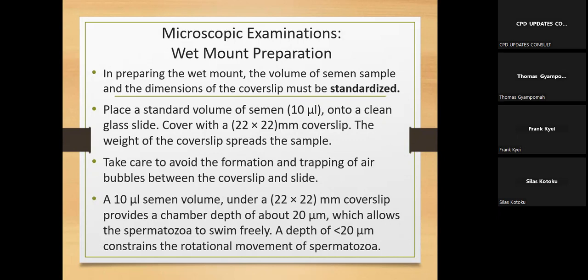The top, 10 microliters, is 10 millimeter cube. The bottom is 22 by 22 millimeter square. So the millimeter square cancels two of the millimeter cube, and the upper one is left with 1 millimeter. So the result is going to be in millimeters.